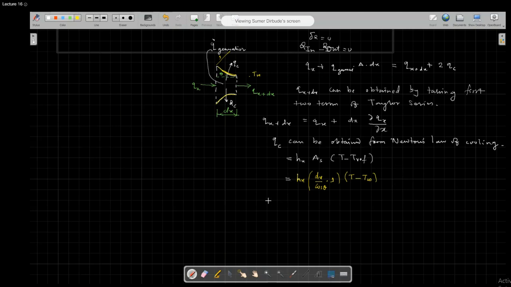And Qx can be obtained from Fourier's law of heat conduction.